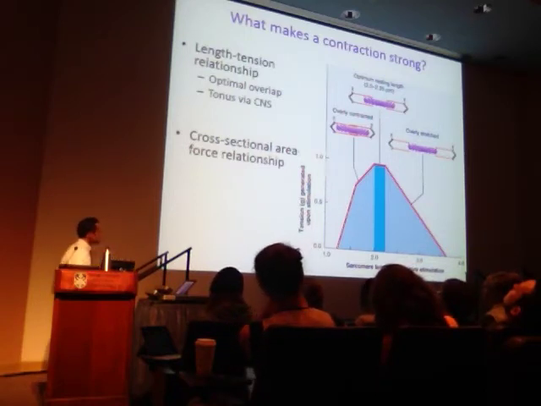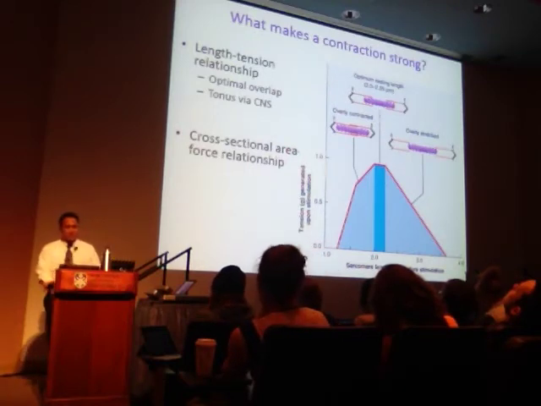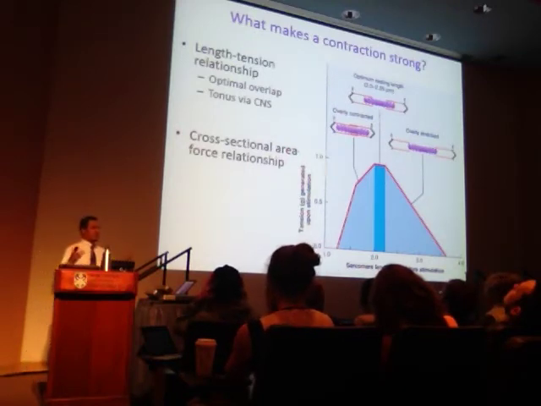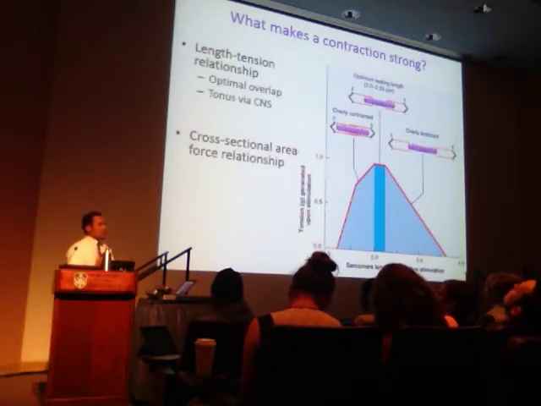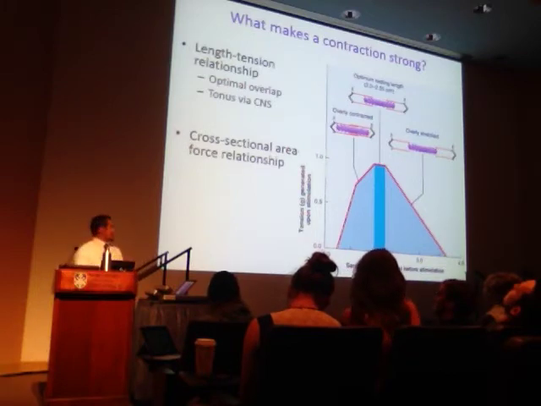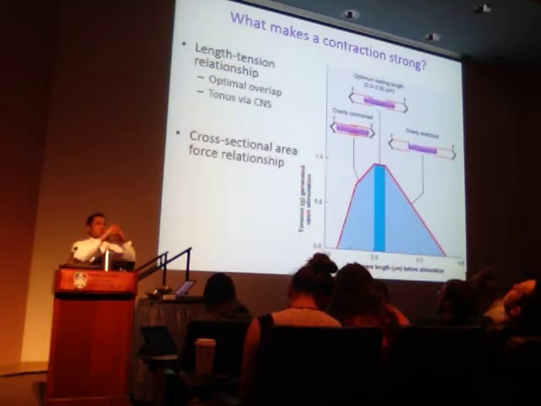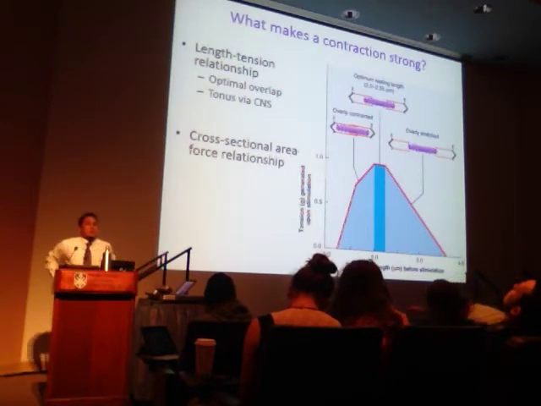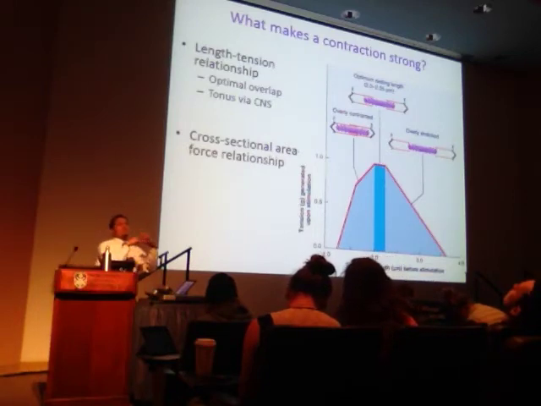Okay? We also have what we call a cross-sectional area relationship. And this is saying that the greater the cross-sectional area of the muscle, the greater the amount of force that can be produced. There's no graph for this, you just need to write that in the bottom left, white space. So the larger the diameter of the muscle fiber, the more cross bridges that can form.